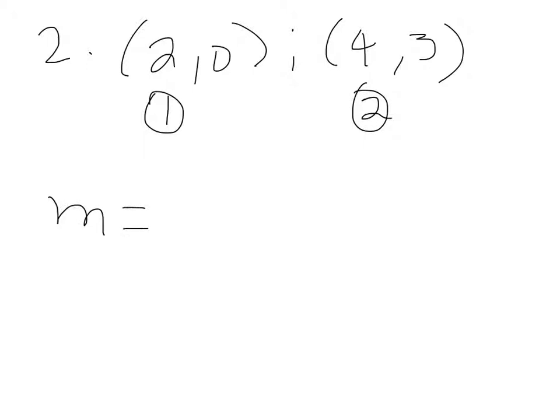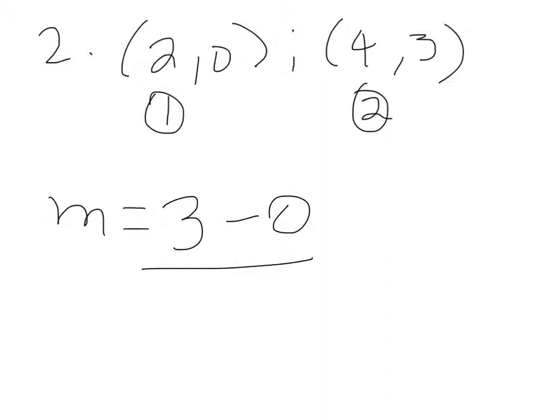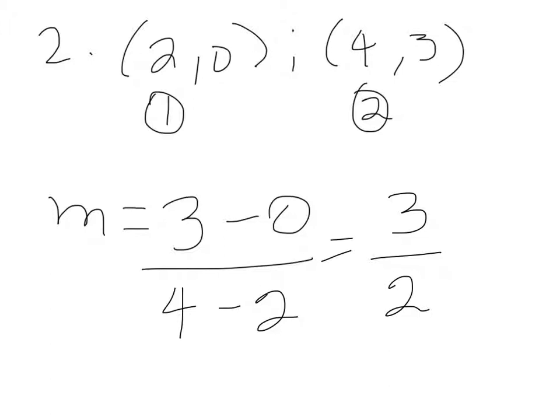We're going to do y sub 2 minus y sub 1, so that's 3 minus 0, divided by x sub 2 minus x sub 1, so that's 4 minus 2. 3 minus 0, well, that's 3. 4 minus 2, that's 2. So my slope is 3/2.